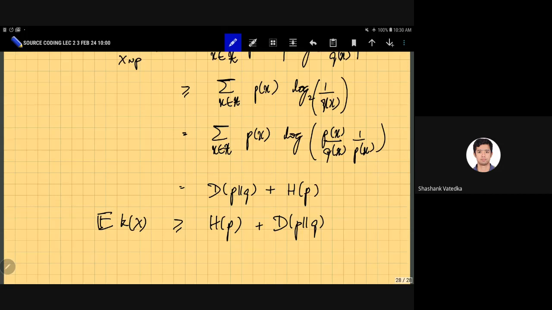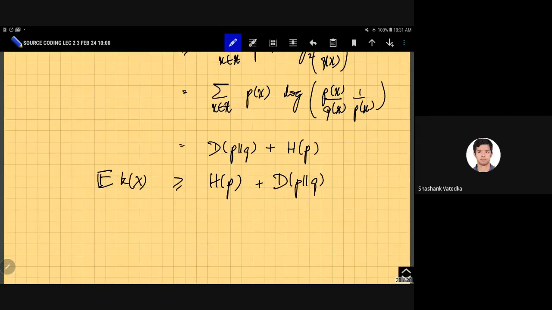So is this going to be greater than H of p or less than H of p, or can you say anything about it? If it is greater, why is it greater? Entropy and KL divergence are non-negative. Yeah, they're non-negative.